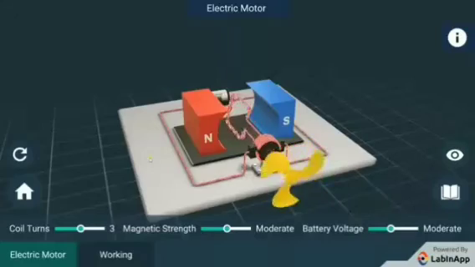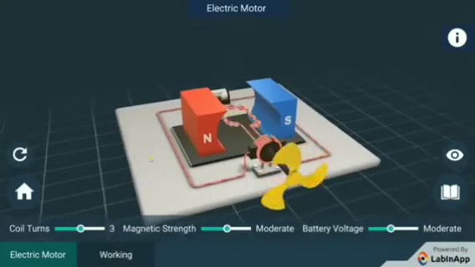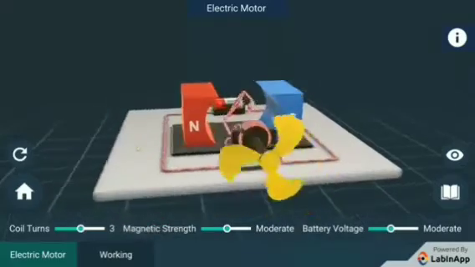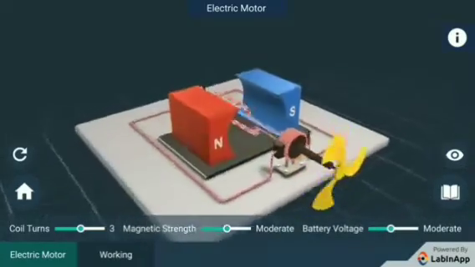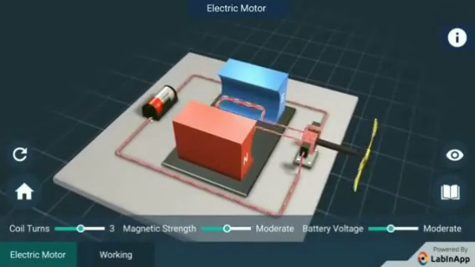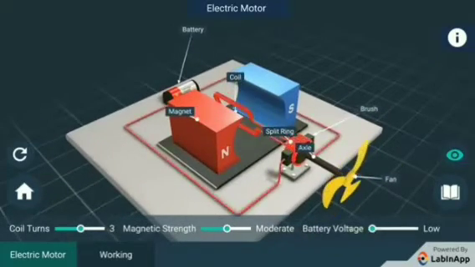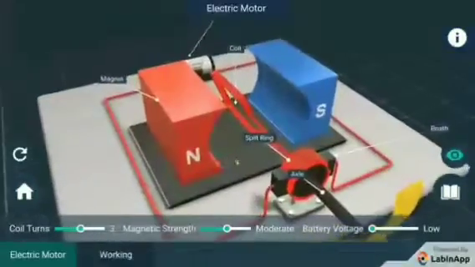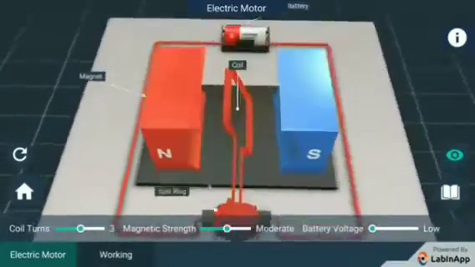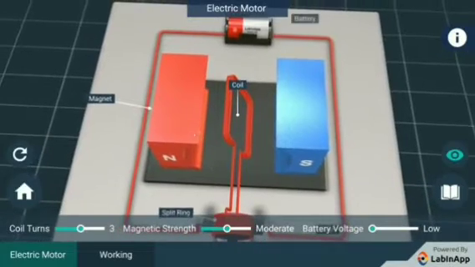Let us see the working of an electric motor. An electric motor consists of a rectangular coil ABCD of insulated copper wire. The coil is placed between the two poles of a magnetic field such that the arms AB and CD are perpendicular to the direction of the magnetic field.